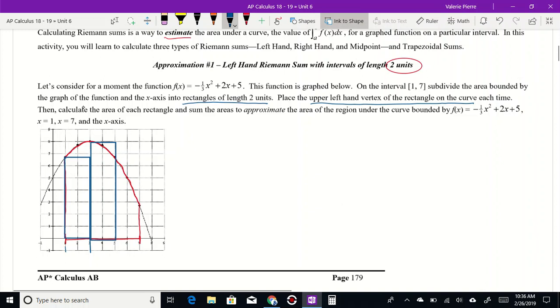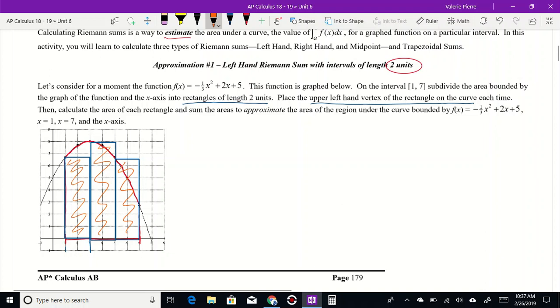And from 5 to 7, again, left hand of my rectangle on the curve. So now I have these 3 rectangles, which I'm going to use to estimate the area under the curve of this graph.